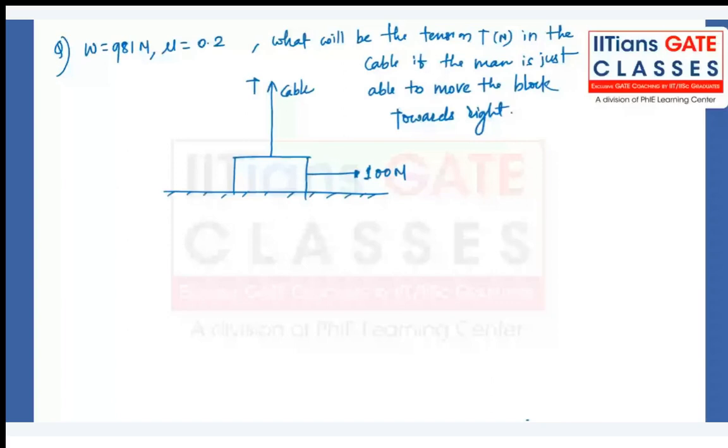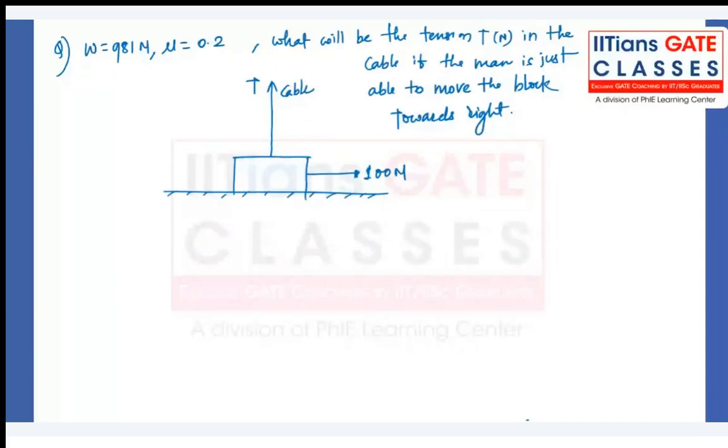Yeah. Okay. So what is the benefit of this cable? Cable is providing partial support. If cable is not there, then what will happen? We have to apply more force in order to move the block. And what is its value? It's clear cut. The value will be mu into N, right?